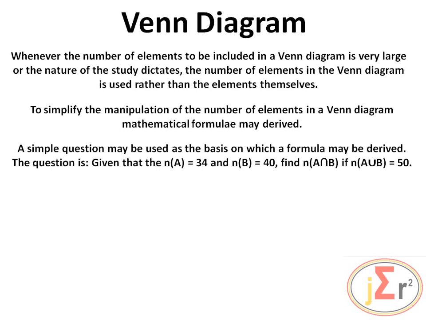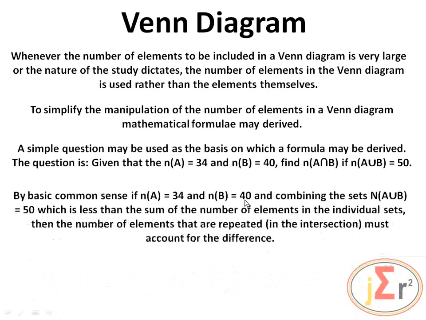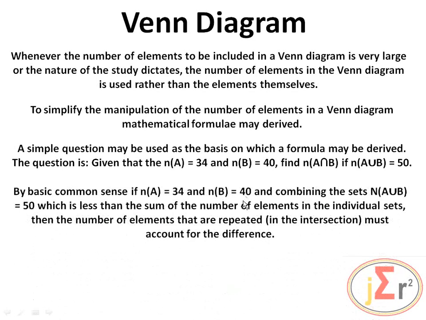So right away, we can just take a quick look at it. n(A) is 34, n(B) is 40. Put them together, it is going to be more than 50, which is the number of elements in the union of the two sets. So we have probably a paradox right there, so we are going to take a look at how we are going to resolve that.